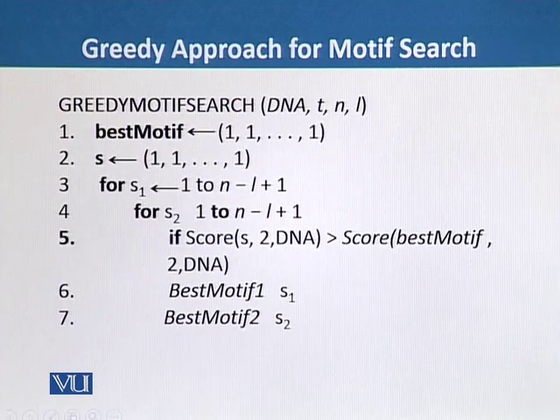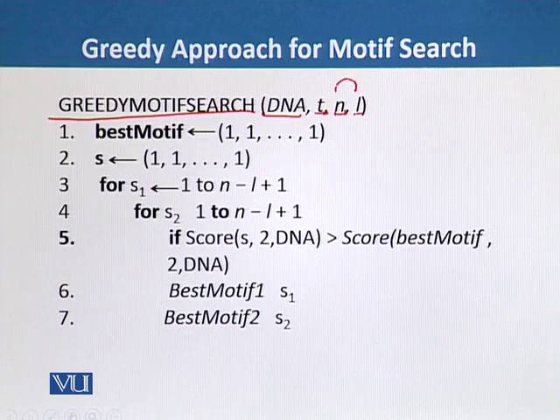Now we will see the steps of the algorithm that is used in finding the motif, and this is the greedy motif search algorithm. Here we must have the DNA sequences, where t is the number of DNA sequences, n is the size of the DNA sequences, and l is the length of the motif we need to find within these sequences.